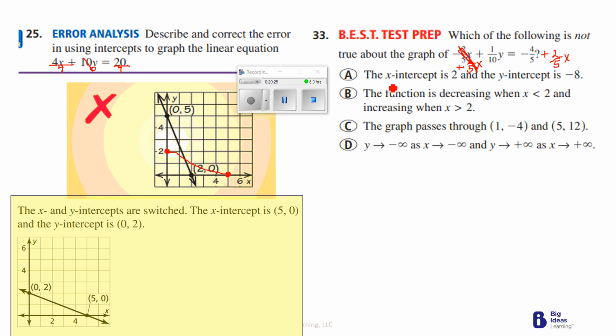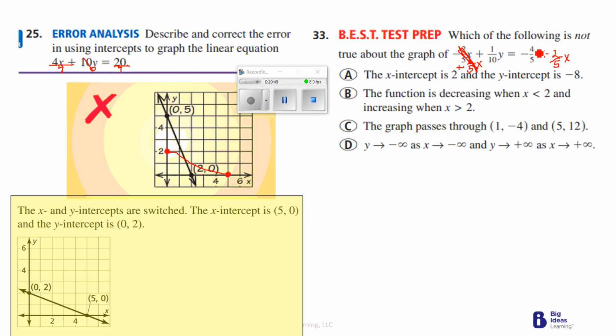So the A says the x-intercept is 2 and the y-intercept is -8. Well, will this be true? Let's find out. If x was 0, then I would have to multiply y by 10 over 1.